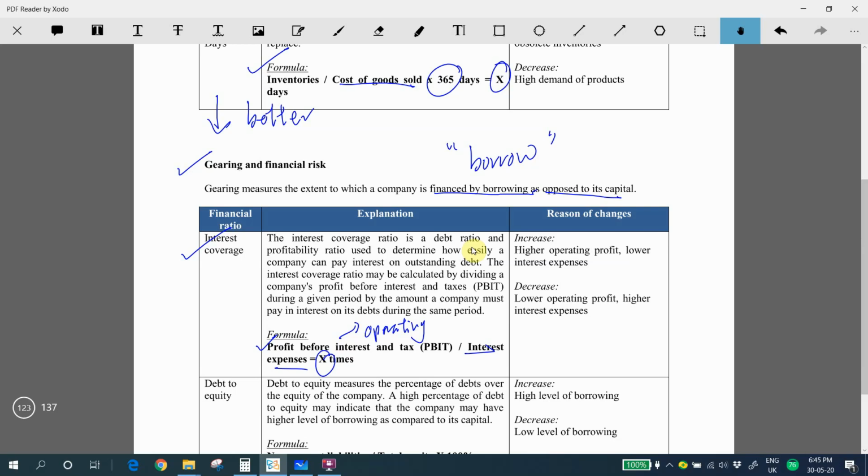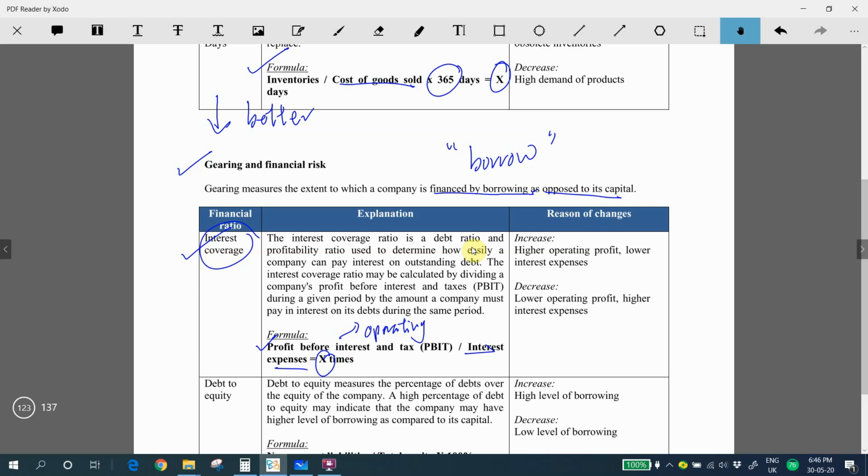Interest expenses are regardless of company performance. Let's say the company earns more profit this year, you are not required to pay more interest to the bank. But if your business is doing badly and you are not earning money this year, you still need to pay interest expenses. So here, we discuss whether the company has strong enough profit to cover the interest expense.